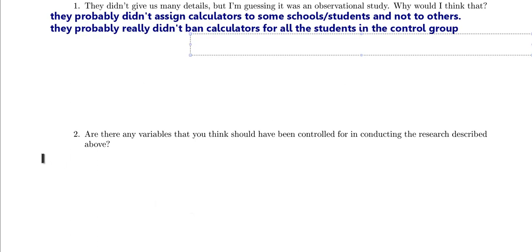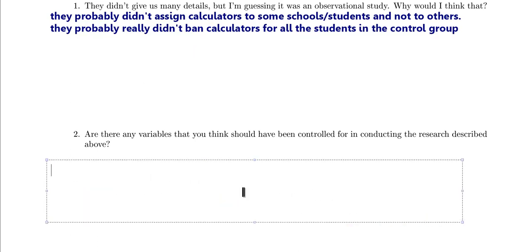Okay, and are there any variables that you think should have been controlled for in conducting the research described above? I might control for things like the math level they're in, what math class they're in, if they get outside help. So if they come to an after-school program, or if their parents help them at home, if they're in tutoring. Another one might be how often they do homework.